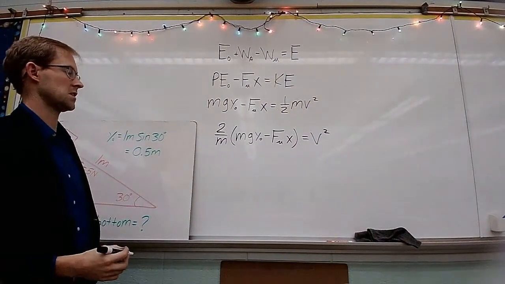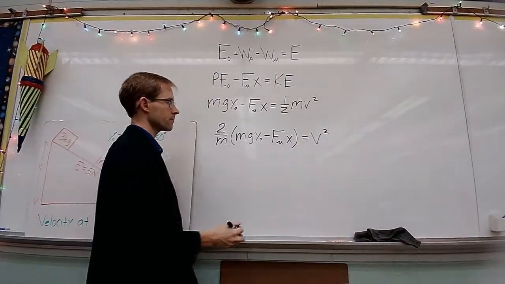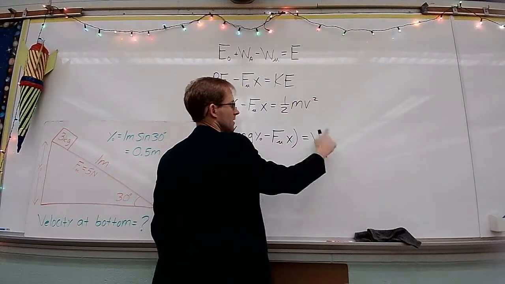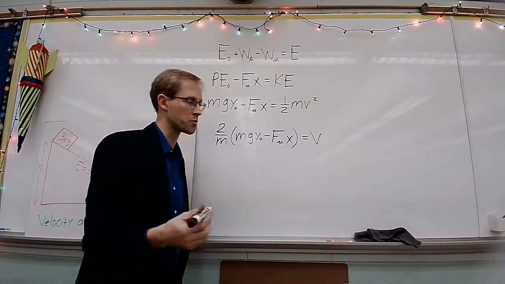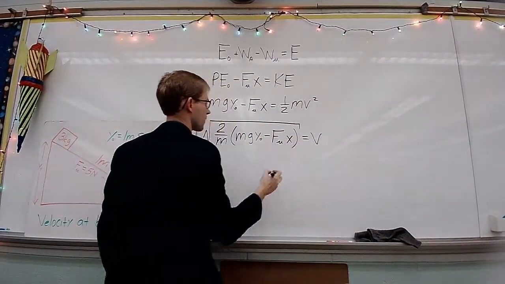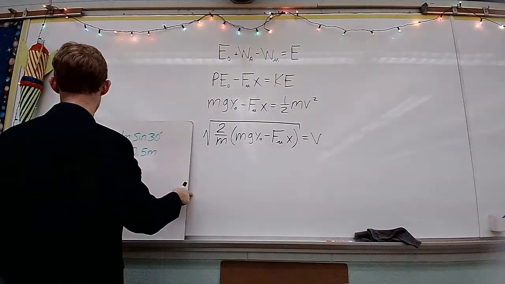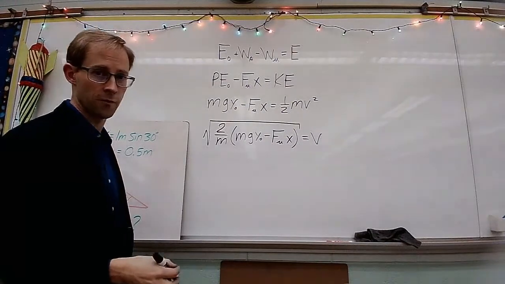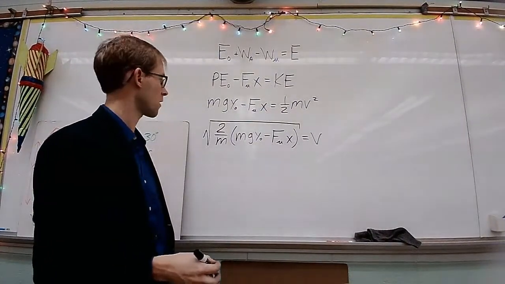And of course, to get rid of the square, we square root both sides. So that's our expression, and we've got enough information to solve for a change. We don't have to do any other fancy work.